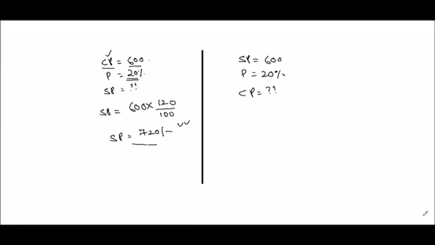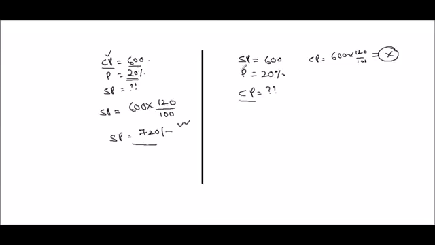Now here again, if you do the same thing, selling price is 600 into 120 by 100 means cost price, and here you need to find out the cost price. If you do it this way, cost price is equal to 600 into 120 by 100. That is going to be wrong. Why is that wrong here?